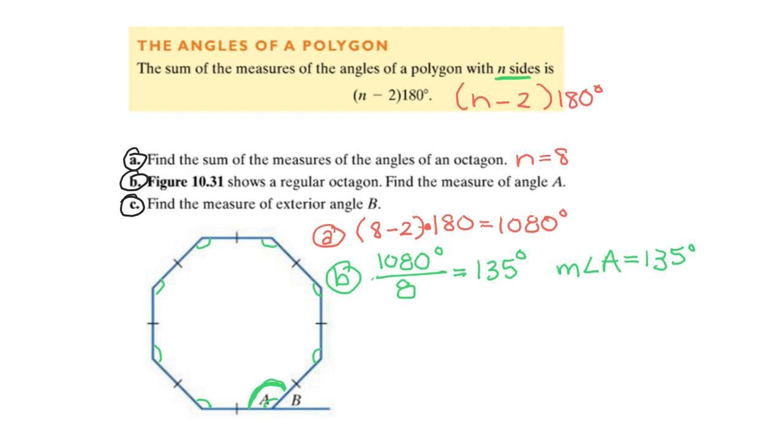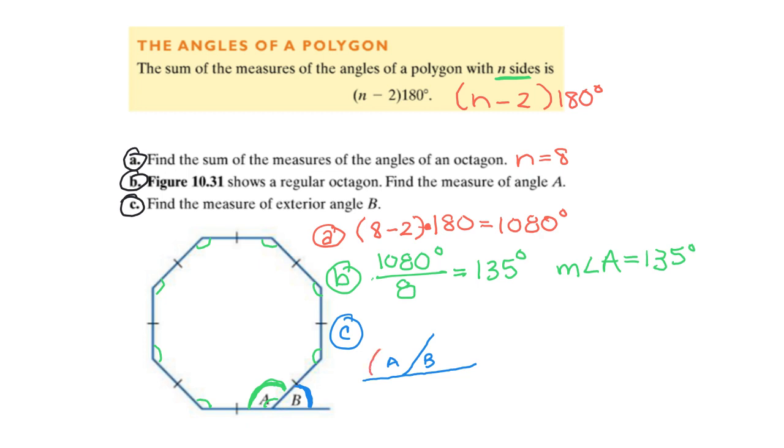Next, we're going to grab part C. And part C is saying, find the measure of the exterior angle, angle B. So they're wanting us to find this measure here of angle B. We learned in a previous section that when two angles create a straight line, they're called supplementary angles.